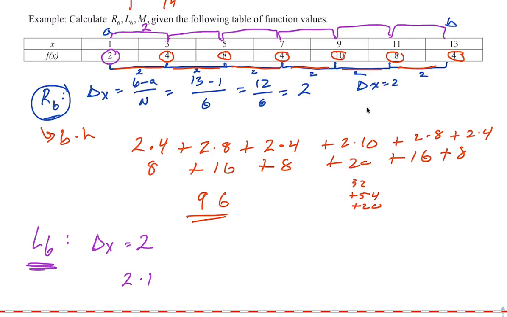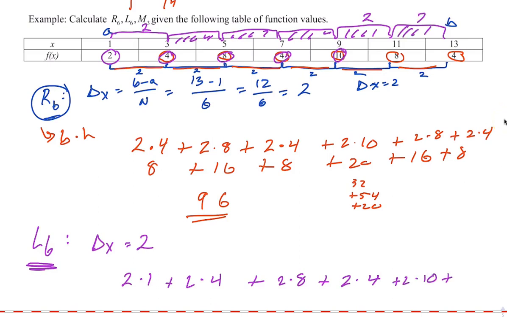So for this rectangle right there, we're going to use 4. For this one, we're going to use 8. For this one, we're using 4. For this one, remember, it's 2 times the height, which is, we're doing the left side, so 10. And then finally, my width is 2, my height is 8. Again, we're using the left side.